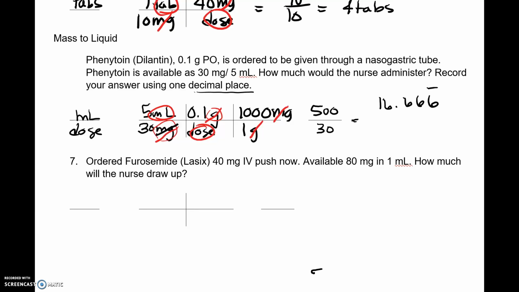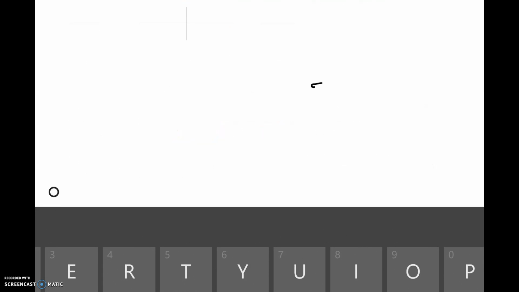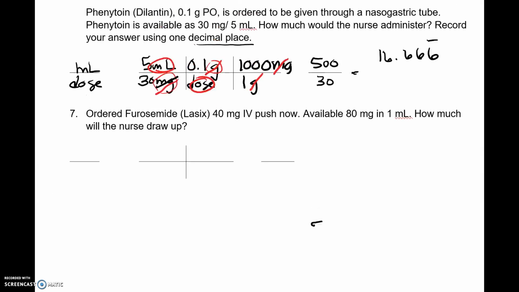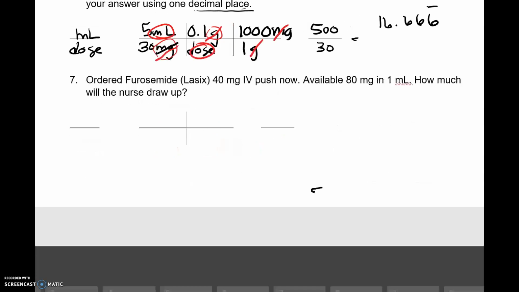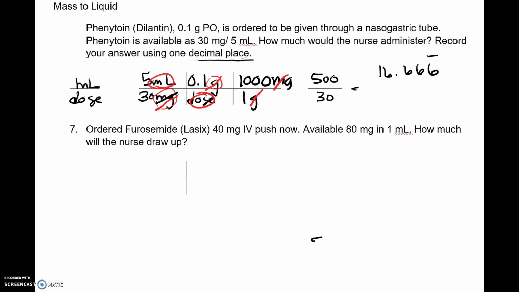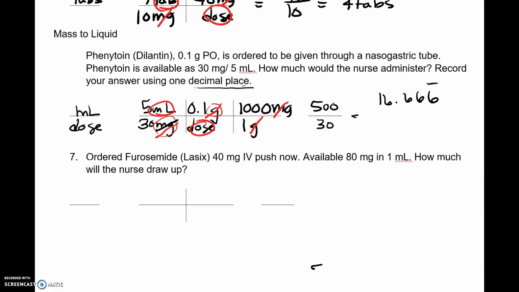So when we look back at our rounding rule, we see that it says record your answer using 1 decimal place. So our final answer would be 16.7 mLs per dose.